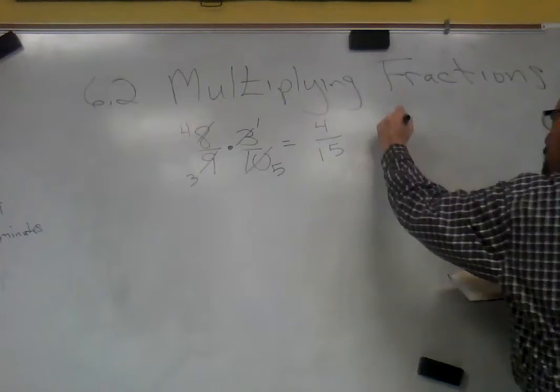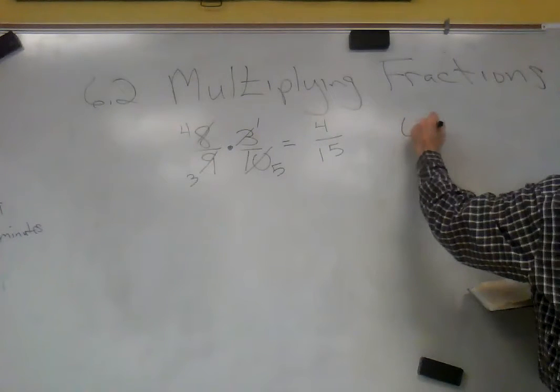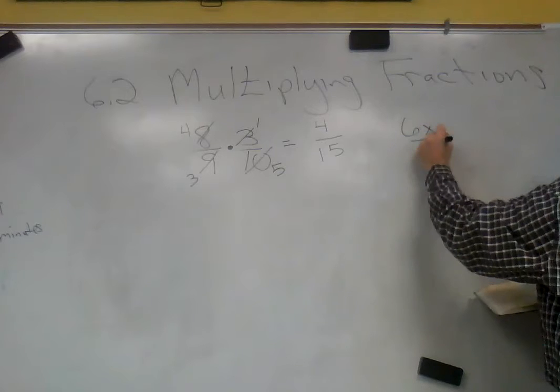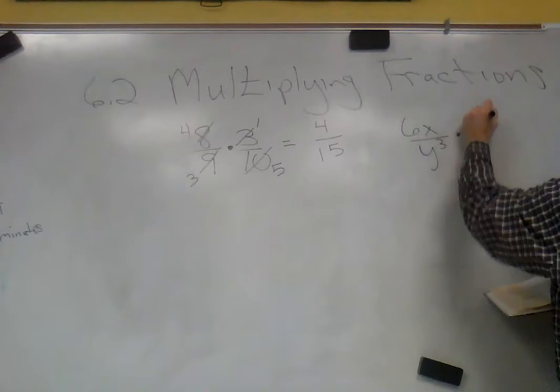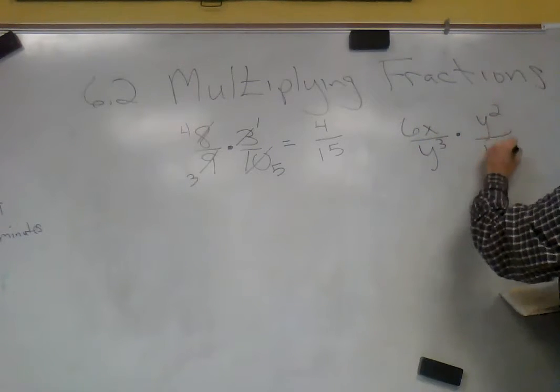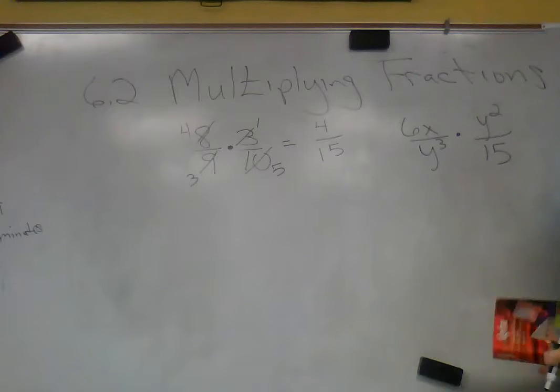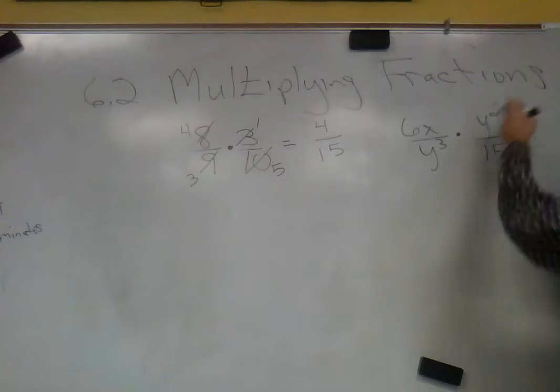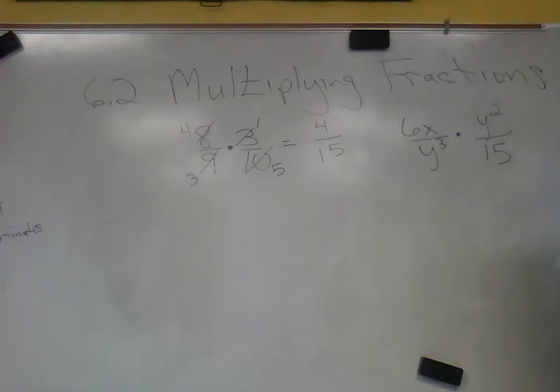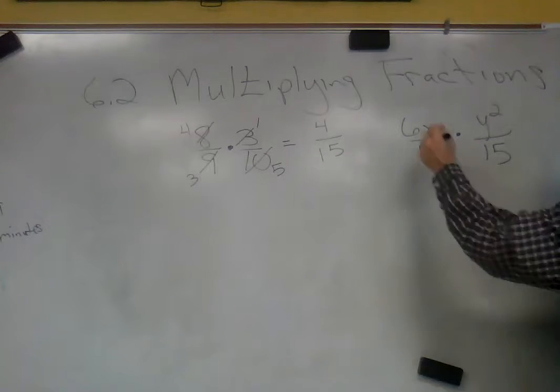So an example, we'll start getting a little bit more difficult here. We'll add in variables. So we have 6x or y cubed times y squared over 15. And if we can simplify from the beginning, that would make life so much easier. So let's look here.